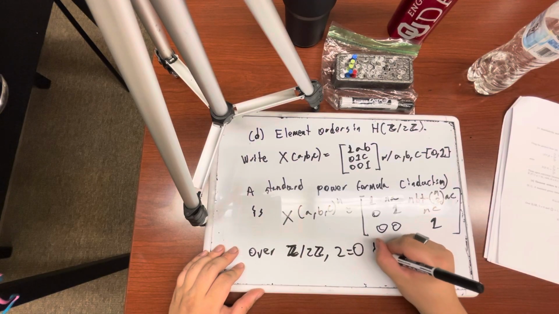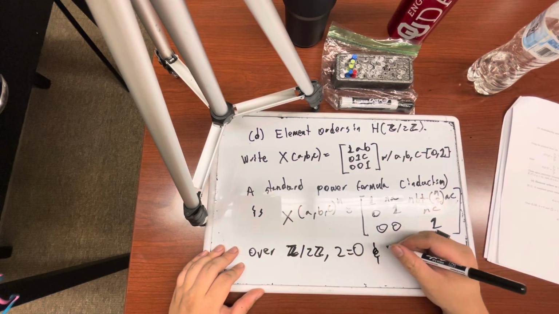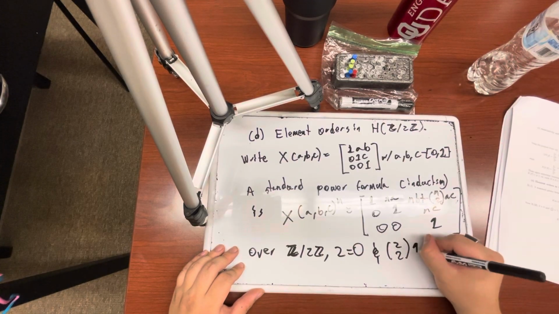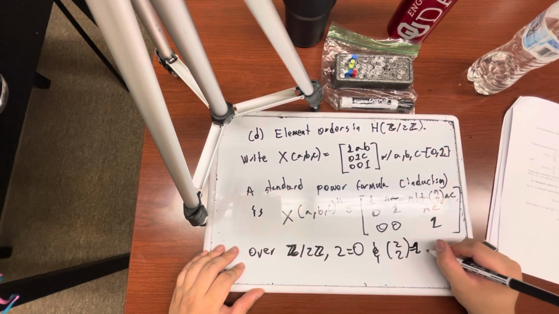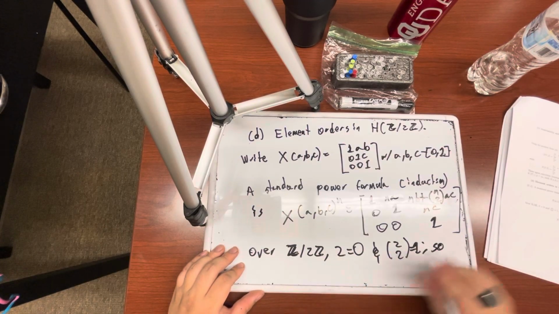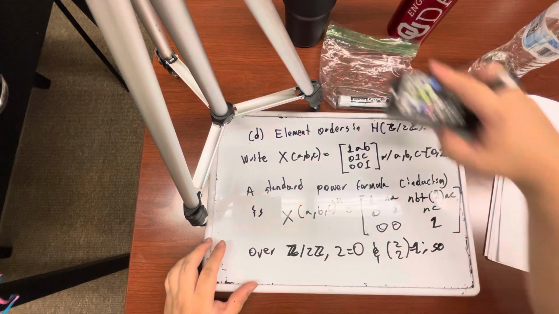Two here is equal to 0 in this case, and for mod 2, n choose 2 in combination with the 2 is equal to 1. Oh no, I run out of space, that's why.